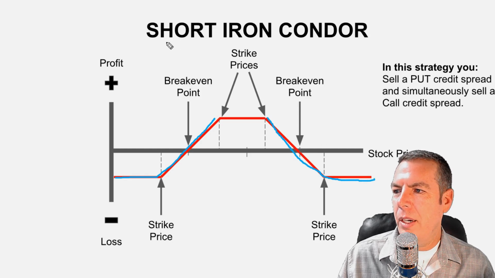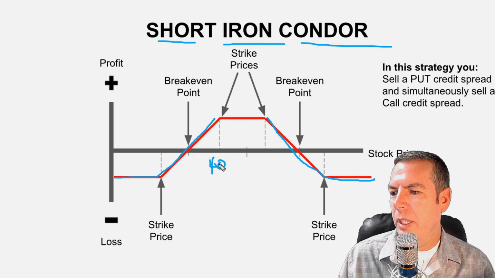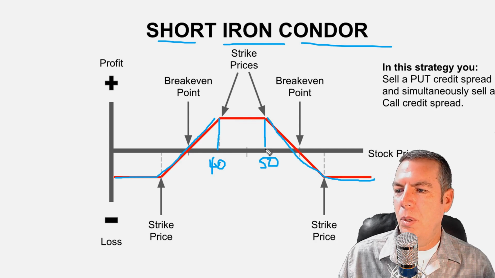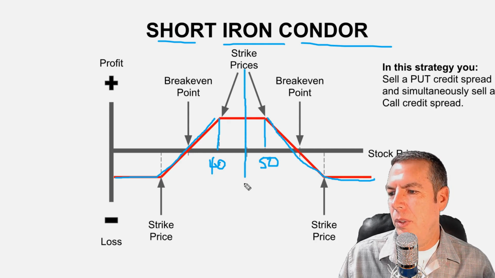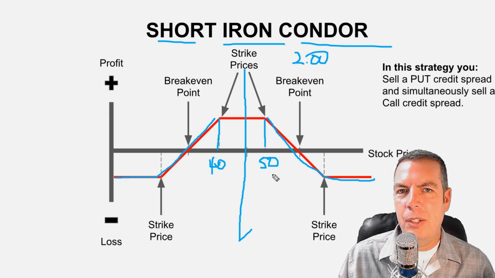Now we'd use this short Iron Condor if we're looking for this to be a range bound trade, and let's say we sold the $40 put and we sold the $50 call, and what we'd want that stock to do is to be somewhere between those two short positions at expiration. So if we were right down the middle there and we received a $2 credit for this trade, we would receive that full amount of credit if it was anywhere between that $40 and $50 strike at expiration.